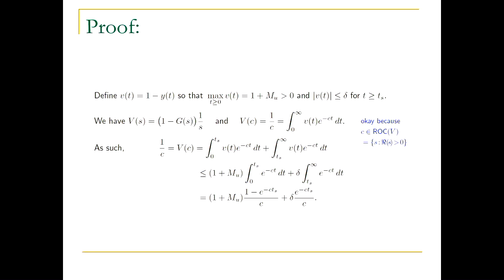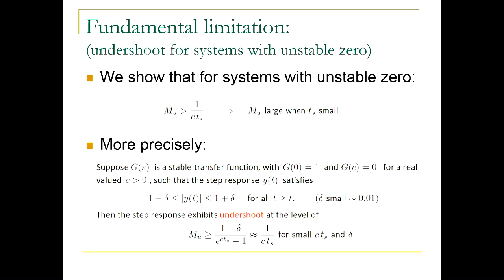That's the first line up there. So I upper bound V with 1 plus mu and keep the integral as before. Then V after time Ts is smaller than delta, so I can upper bound V by delta for all time after Ts. And then you just integrate everything. With a bit of algebraic manipulation, you get exactly this formula here.